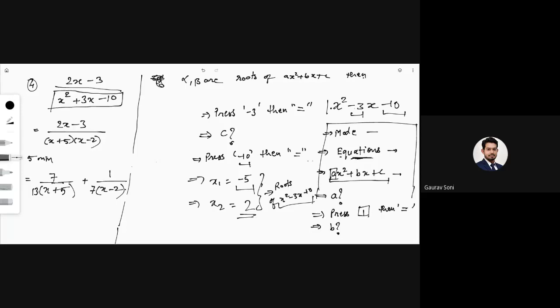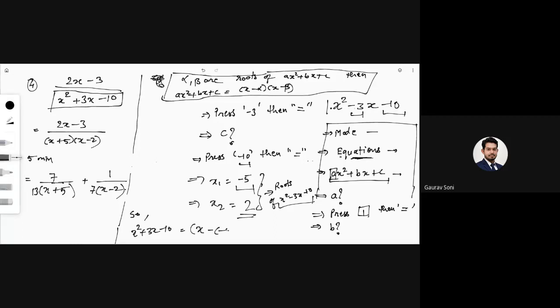Then ax square plus bx plus c can be written as x minus alpha, x minus beta. Write this remark down. So from your calci, what we have done, we have found out the roots minus 5 and 2. So from the above remark, x square minus 3x minus 10 can be written as x minus of minus 5 and x minus 2, which is x plus 5, x minus 2.